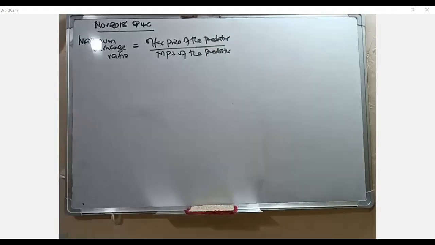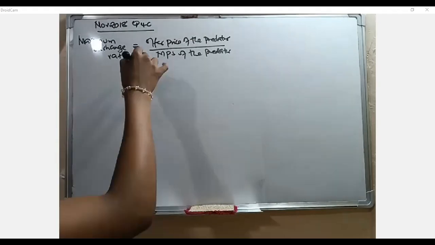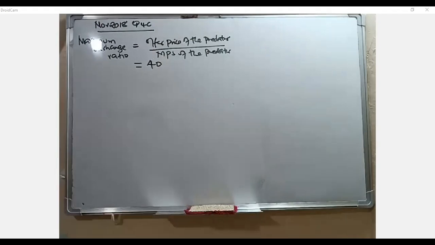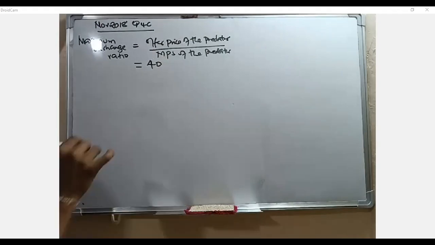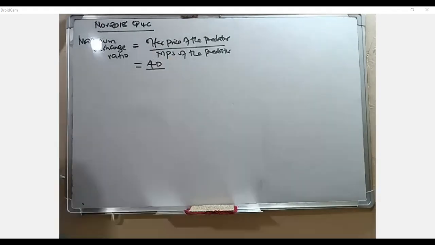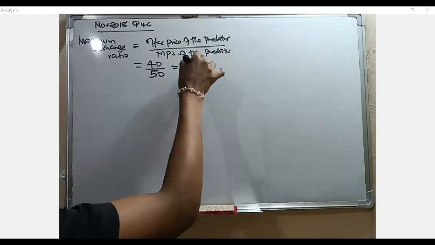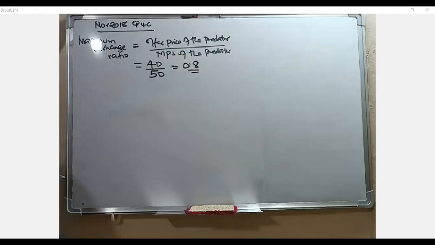That is the first ground. In this case, the offer price is 40 shillings, given in the additional information. Then you divide by the market price of the predator, which we are given as 50. This translates to 0.8.